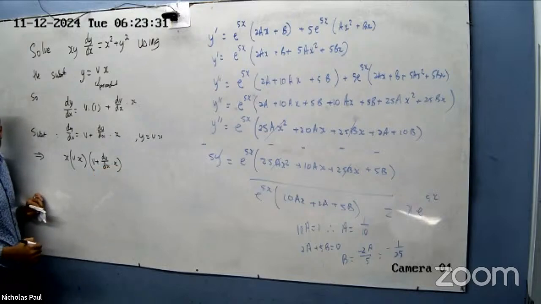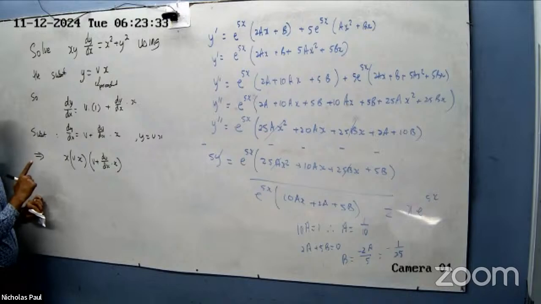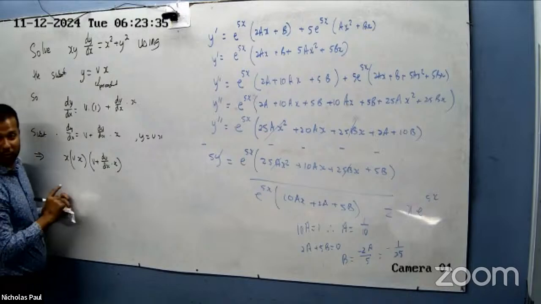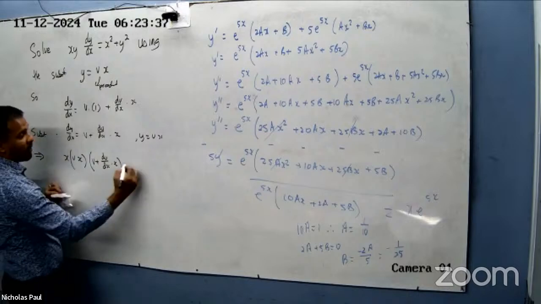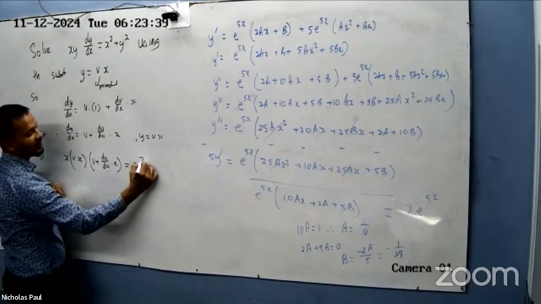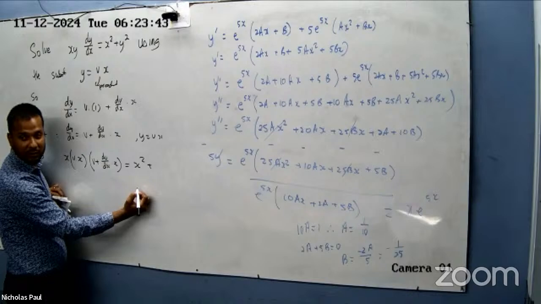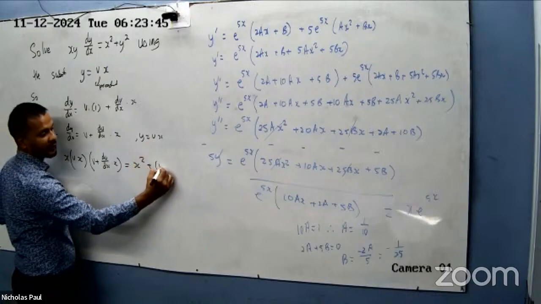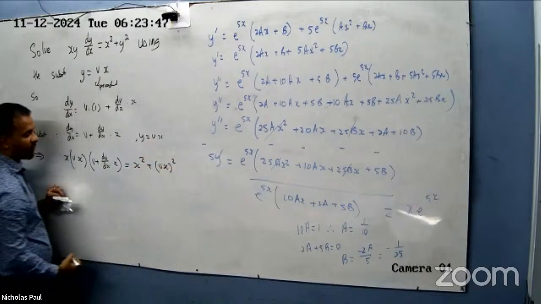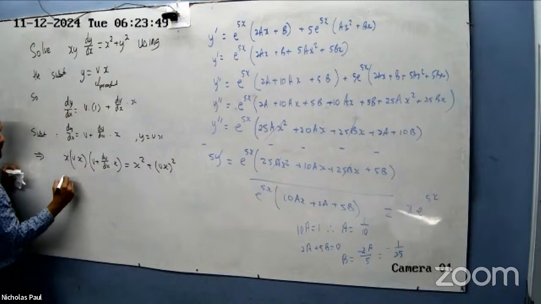This is equal to x squared plus what? And y squared is what? vx all squared, so we can multiply this out.